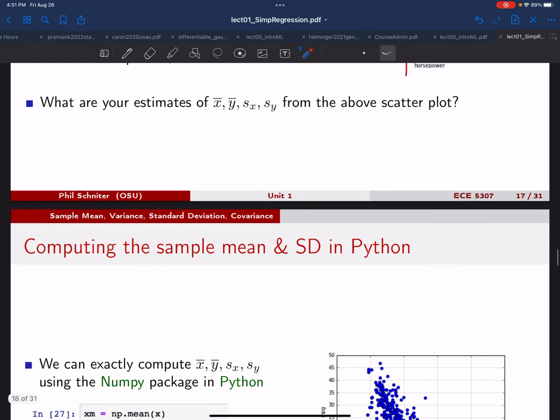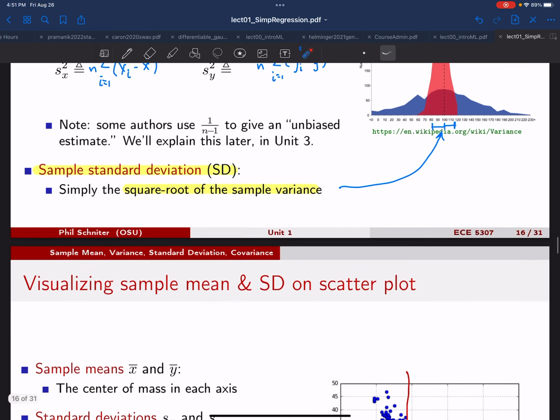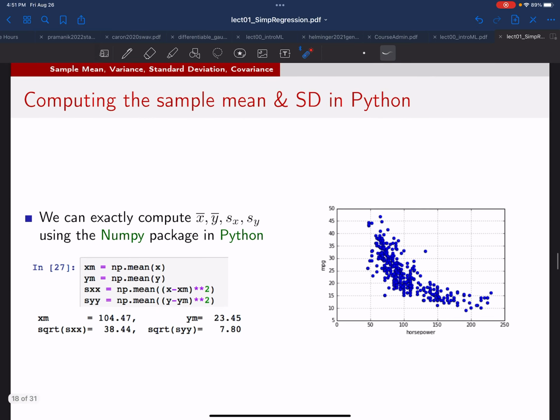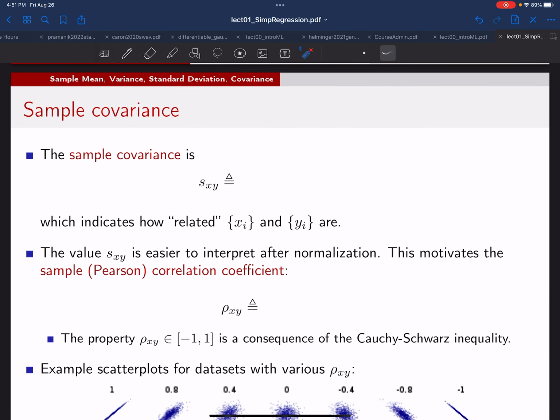Now, we need one more thing. We've talked about the means of our targets and features, the variances of our targets and features. We need one more important quantity, which is the covariance, which tells us how the targets and features are connected.